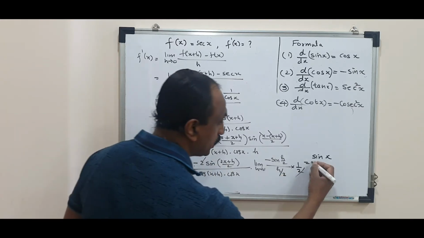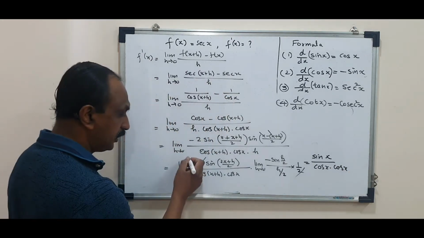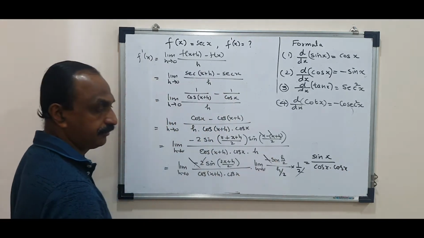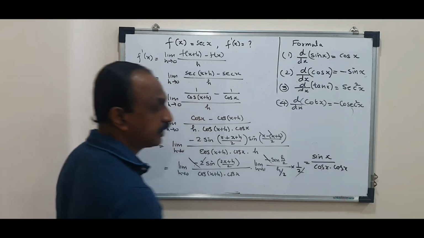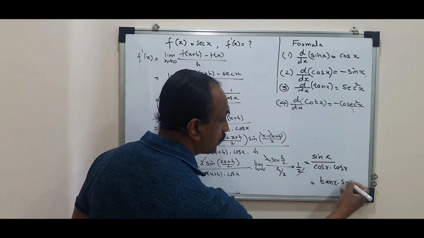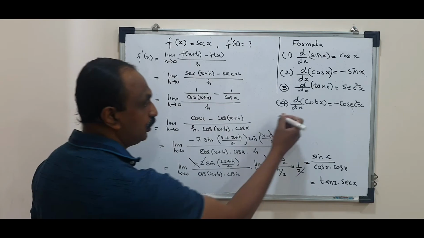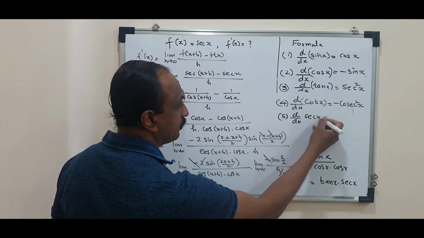This became cos x into cos x. Then these two minus signs will get cancelled. So you are left with only sin x upon cos x into cos x, which I will write as tan x into sec x. So the fifth formula, derivative of sec x.